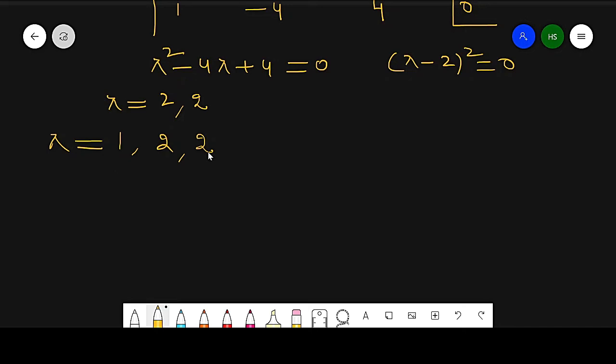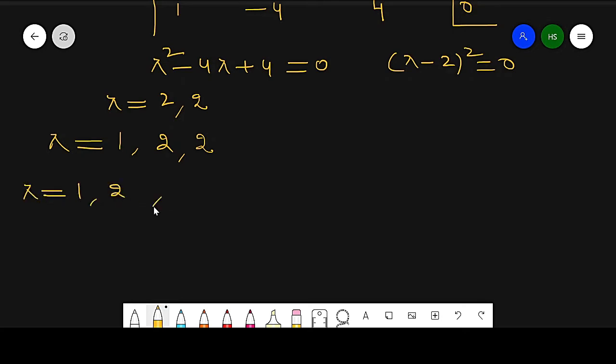If the roots are distinct, then the minimal polynomial will be the same as the characteristic equation. But in this case the roots are not distinct, so the minimal polynomial will change. What are the roots of the minimal polynomial? 1 and 2.